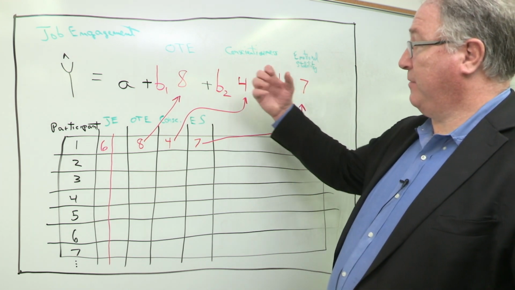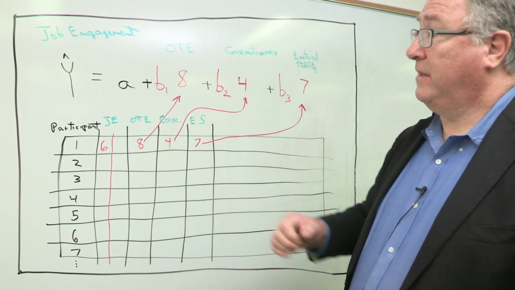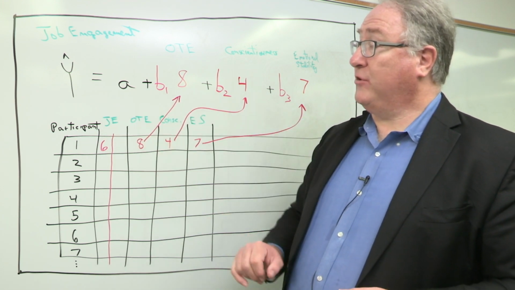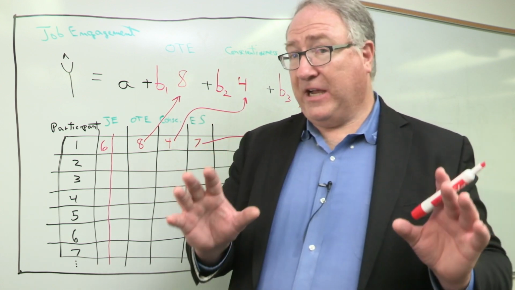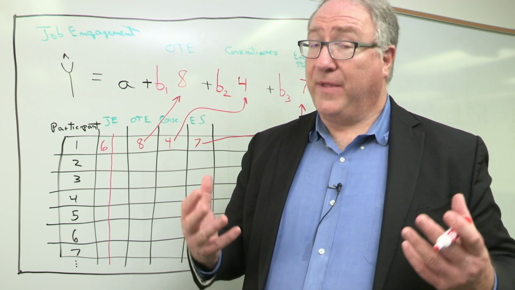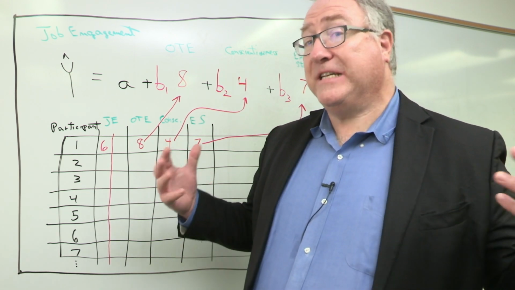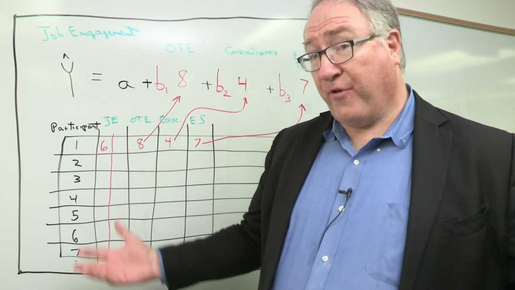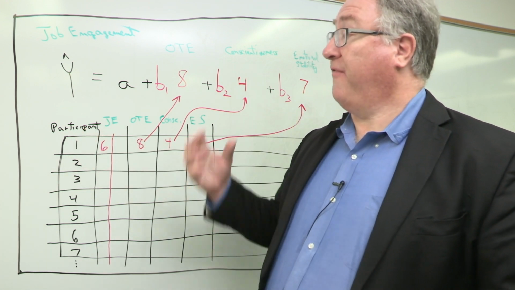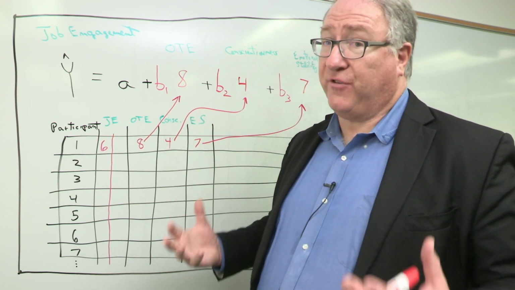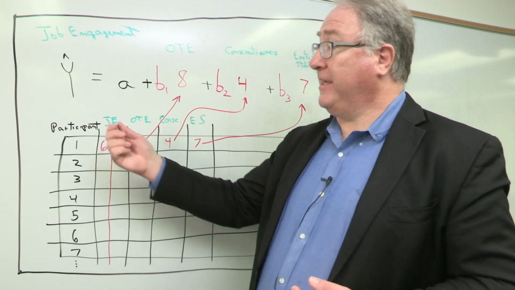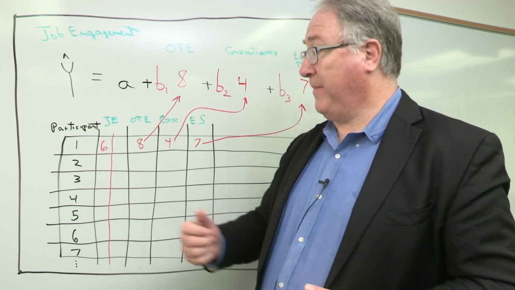And the product here plus the product here plus the product here, plus whatever our constant is, that's some value as well, is going to equal that second value that each participant has on the outcome variable measure, which is the predicted value on the outcome variable measure for each participant, in this case, participant 1, from the model. And this is done for each of your participants. So in that way, this regression equation is applied to each of the participants in your sample.